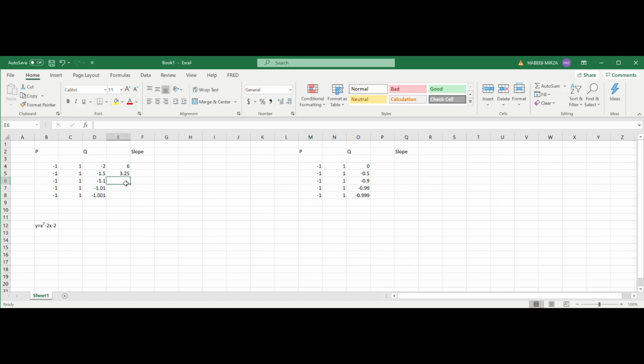So here we're going to find out the values. It's going to be this times this minus 2, bracket, this minus 2.